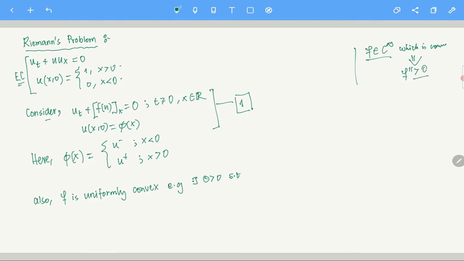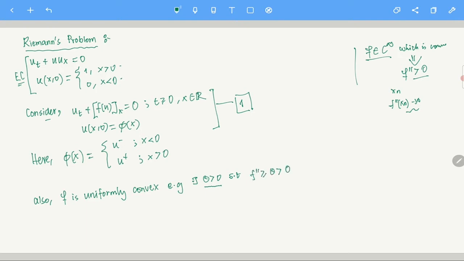That is convexity. So f double prime being positive can still allow, for some sequence xn, f double prime of xn converging to 0. It can be as close to 0 as possible. But if f is uniformly convex, there exists some positive theta such that f double prime is greater than or equal to theta greater than 0.